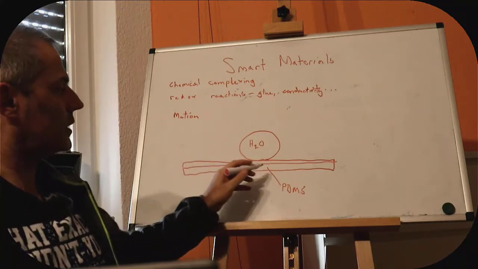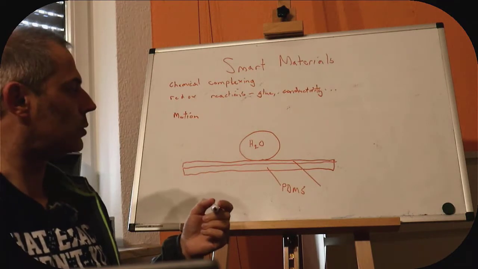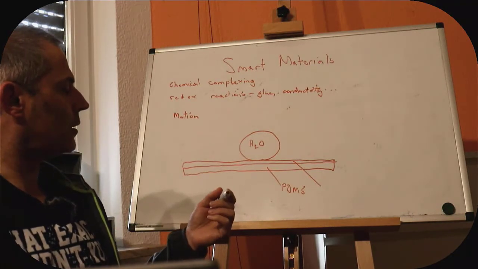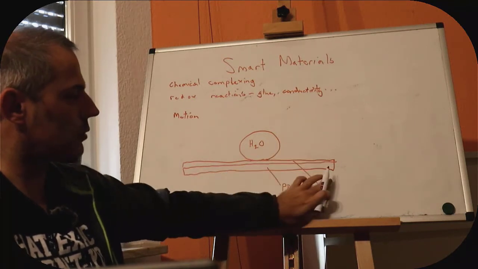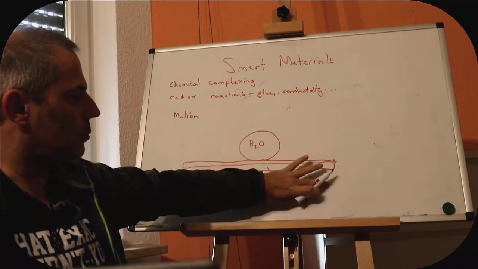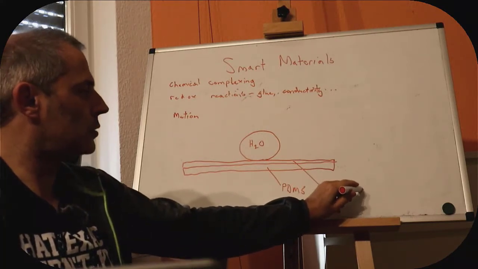If we have an intermediate material, which is, for example, sugar, let's put dextrose on there. Let's call it dextrose. So we apply some dextrose to it in a layer.